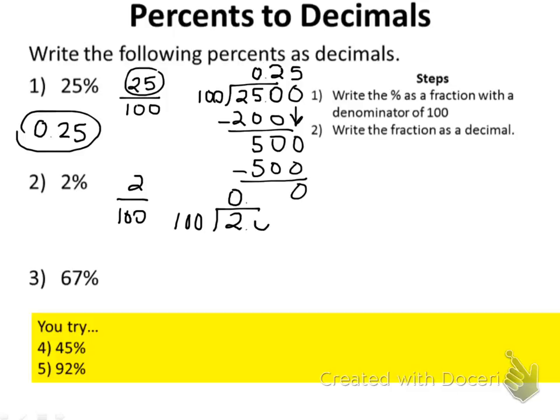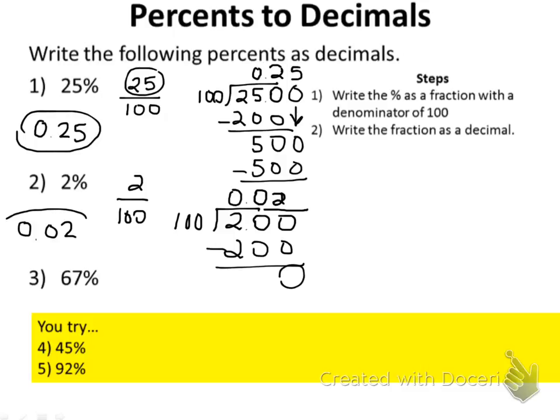Then I add a 0. Can 100 go into 20? No. So add another 0. Can 100 go into 200? Yes, it can. It can go in twice. Let me erase this so you don't get confused. 2 times 100 is 200, and 200 minus 200 is 0. So 2% written as a decimal is 0 and 2 hundredths.